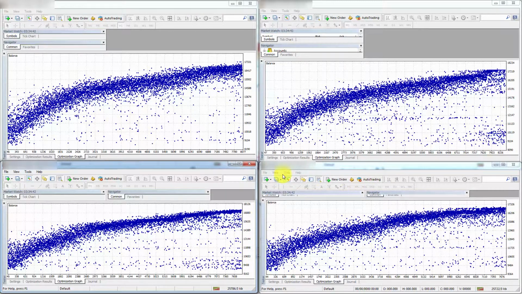And just to have a look at the results, you can see here that the starting balance was 10,000, and you can see that the genetic algorithm did a great job. Some of them went down, like what we saw in that lovely picture that I drew. Some of them went down, some of them went up, but generally you can see this curve is going up.